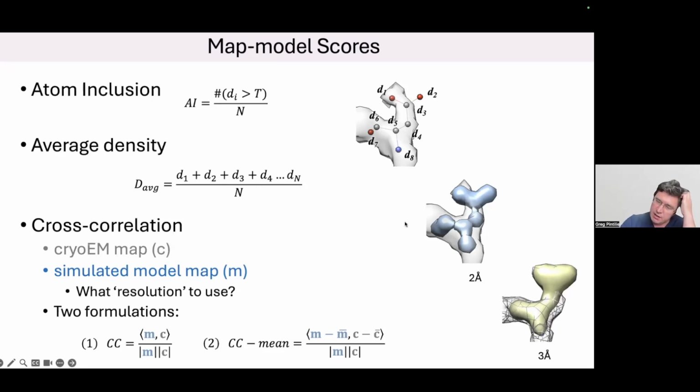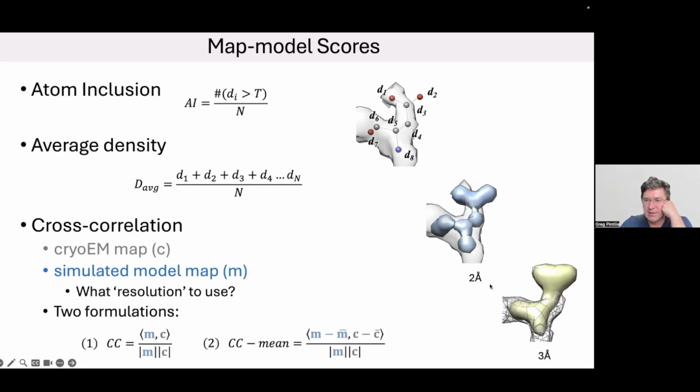Here we first generate a map of the model. The gray surface is the cryo-EM map, and the blue surface here is a map generated from the model. Usually this is done by placing a Gaussian or small number of Gaussians at each atom position. So you'll see that this map looks Gaussian-like, and the width of the Gaussian is relative to the resolution.